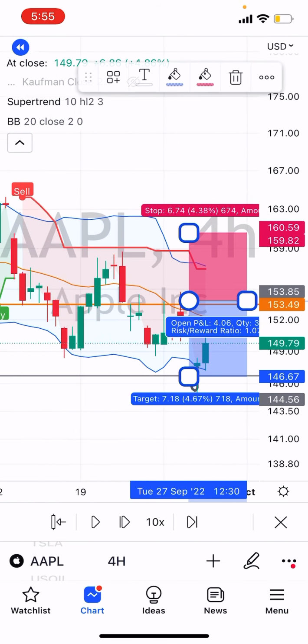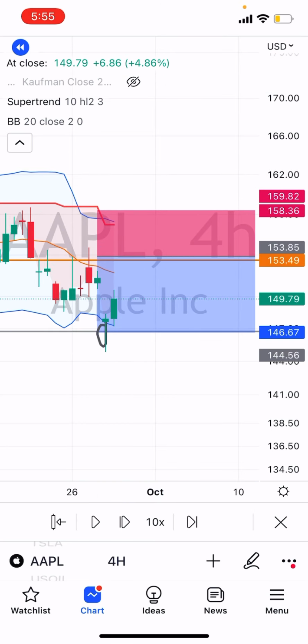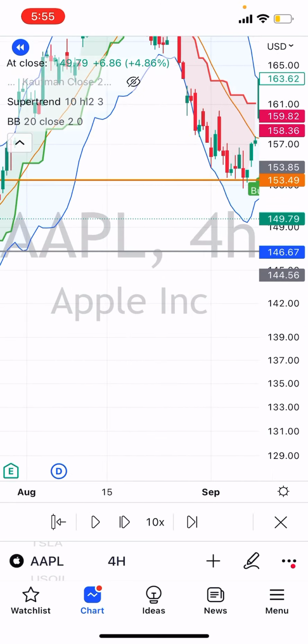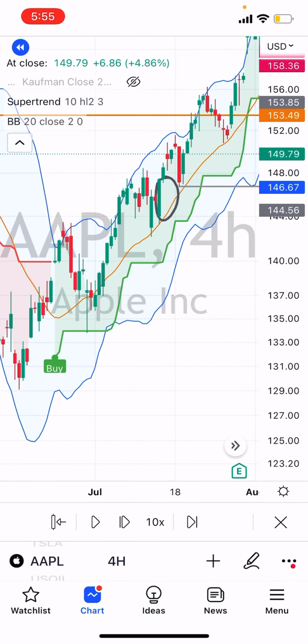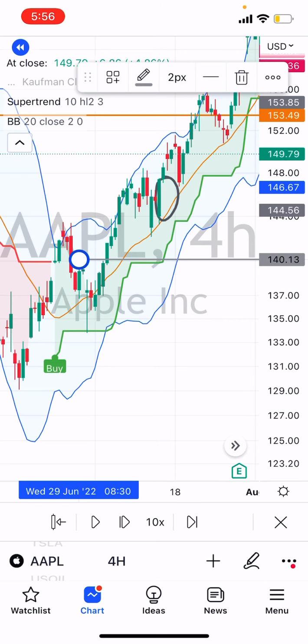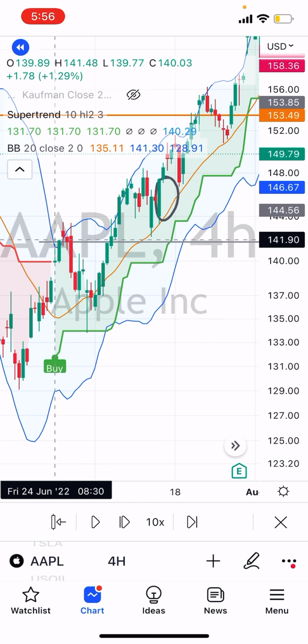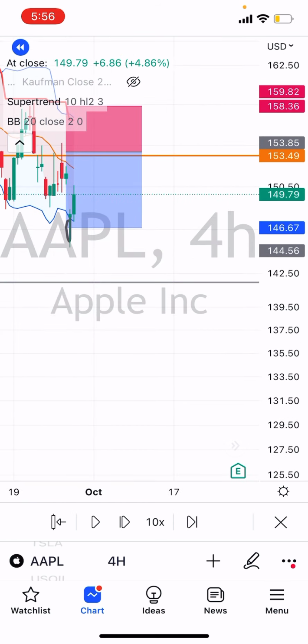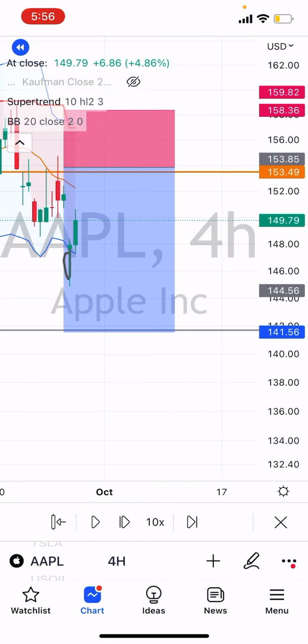So take this, put it over here, and just place your stop loss just down below there. Now my next stop loss is going to be my next take profit. It's going to be probably around here, just above this Bollinger Band line over here, 141.90. So we're risking very minimal risk right here.